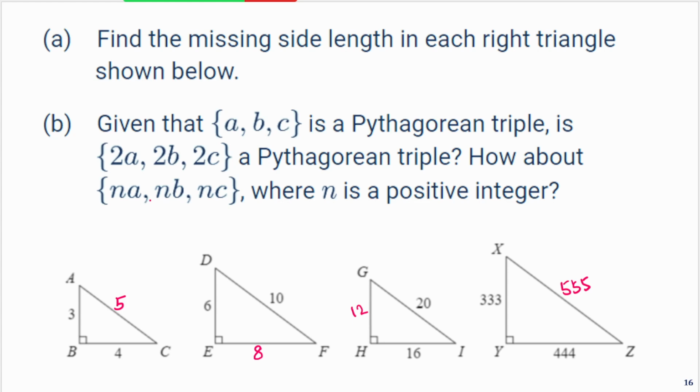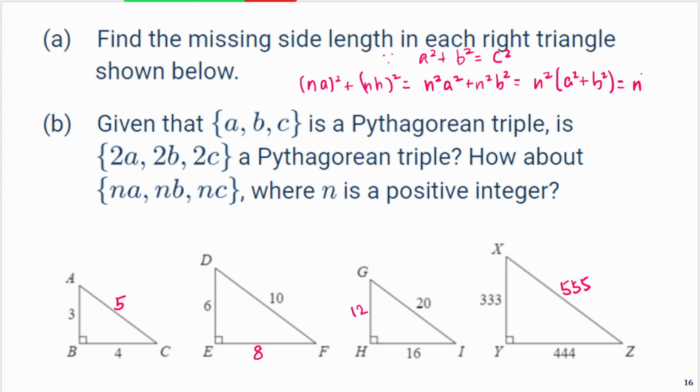Because we can prove this. First of all, because we know a squared plus b squared equals c squared, then nA squared plus nB squared can be expressed as n squared a squared plus n squared b squared, and this gives us n squared times a squared plus b squared, which equals n squared times c squared.